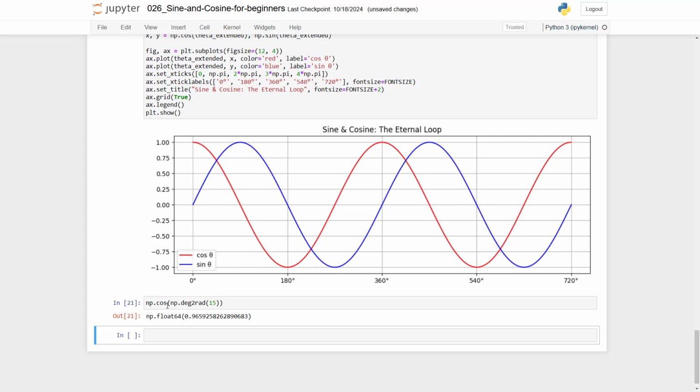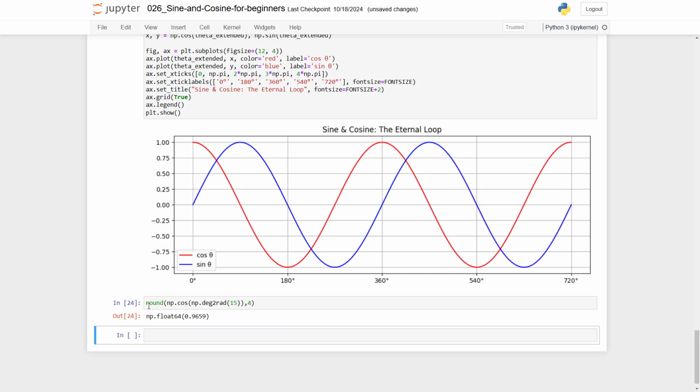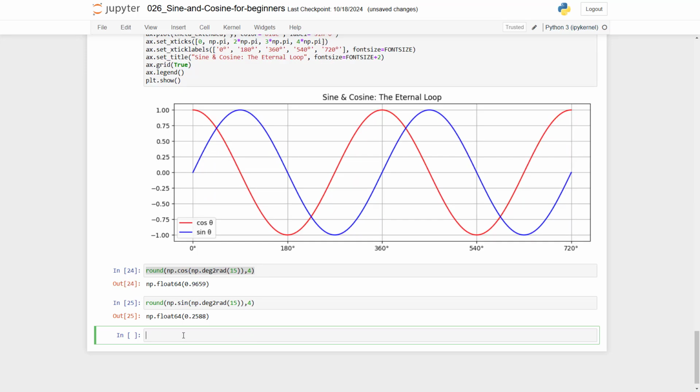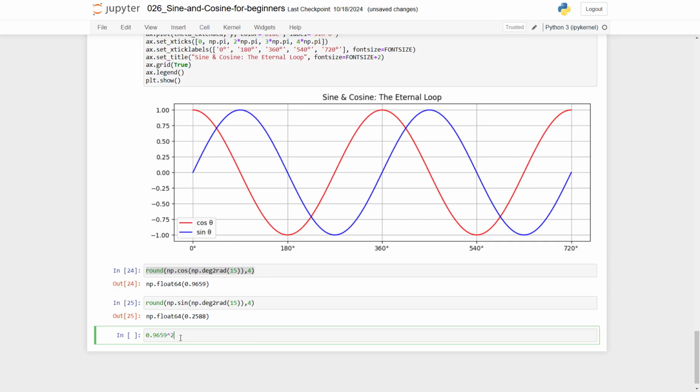Okay, 15, and then round it. Okay, and then square it. Okay, so this one squared plus this one squared.